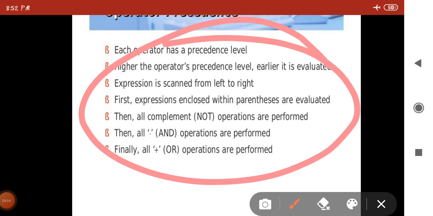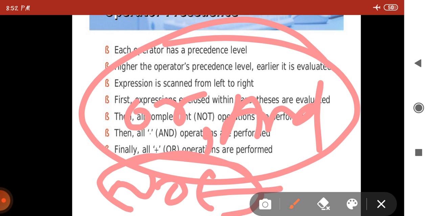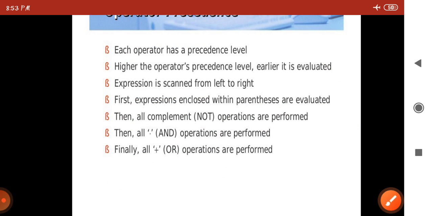For example, if there is an OR gate and then an AND and a NOT, which one will you solve first?